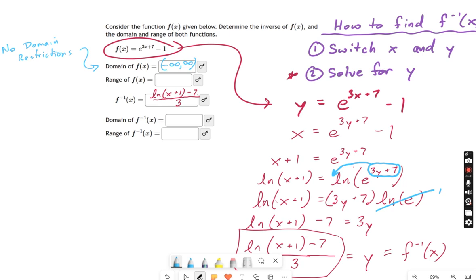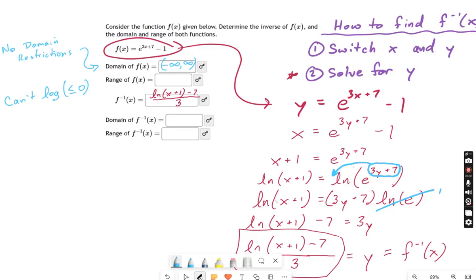Logarithms are different. You can't take the log of anything less than or equal to 0. That's not allowed. Any argument which is 0 or negative is going to get you into hot water with a logarithm.